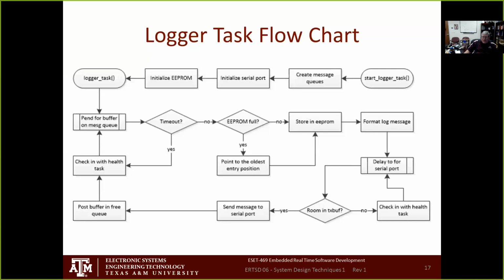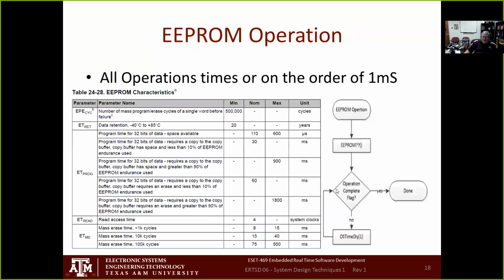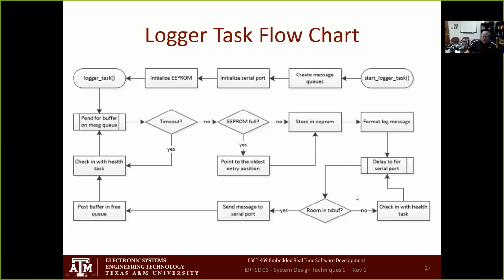So if there's not room in the transmit buffer, then I think I'm just going to check in with the health task and sit here and wait. Now, the reason for this is this delay gives time for another function to operate, and this lets us, even if the serial port is slow, not lose things in our circular queue.